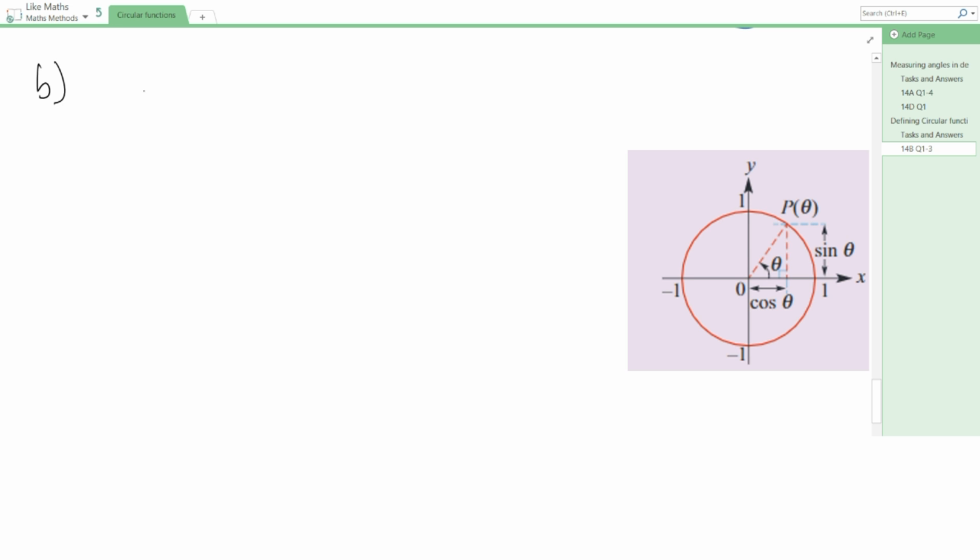Next one, B. We've got -5 pi over 2. The fact that it's negative means that on the unit circle we're going in a clockwise direction, going this way.